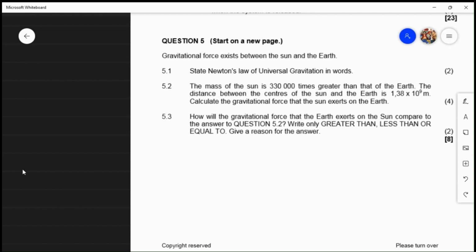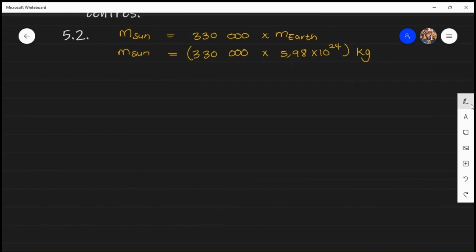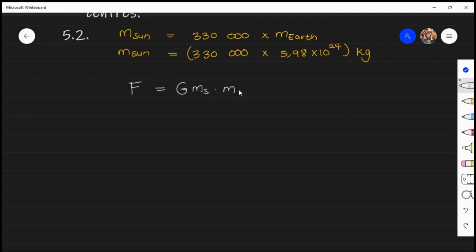Now our question is, calculate the gravitational force that the Sun exerts onto the Earth. That is the force F. So let us now go and calculate that. We're going to use the equation F equals G, which is a constant, times the mass of the Sun times the mass of the Earth, as those are our two objects in question, over the distance squared.